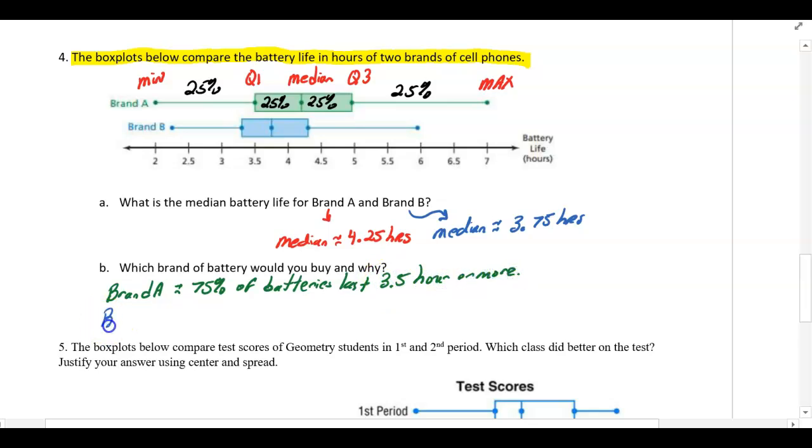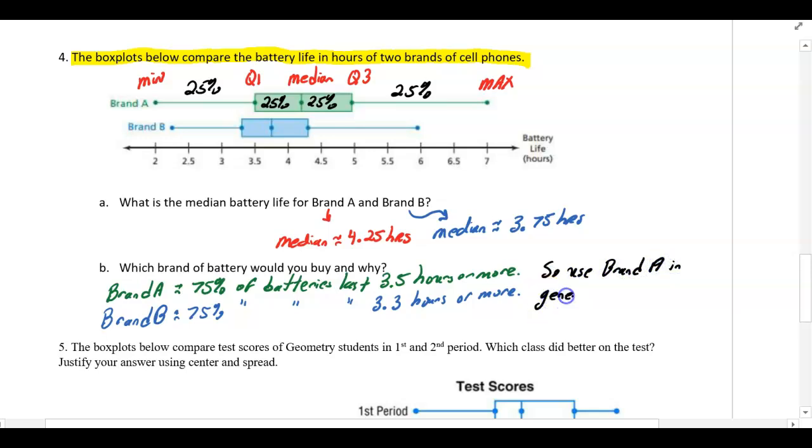In contrast, for brand B, approximately 75% of the batteries last, and that might be like 3.3, 3.4, I'll say 3.3 hours or more. So in general, brand A has more batteries lasting longer, so I would go with brand A if I had a choice. So brand A in general lasts a little longer.